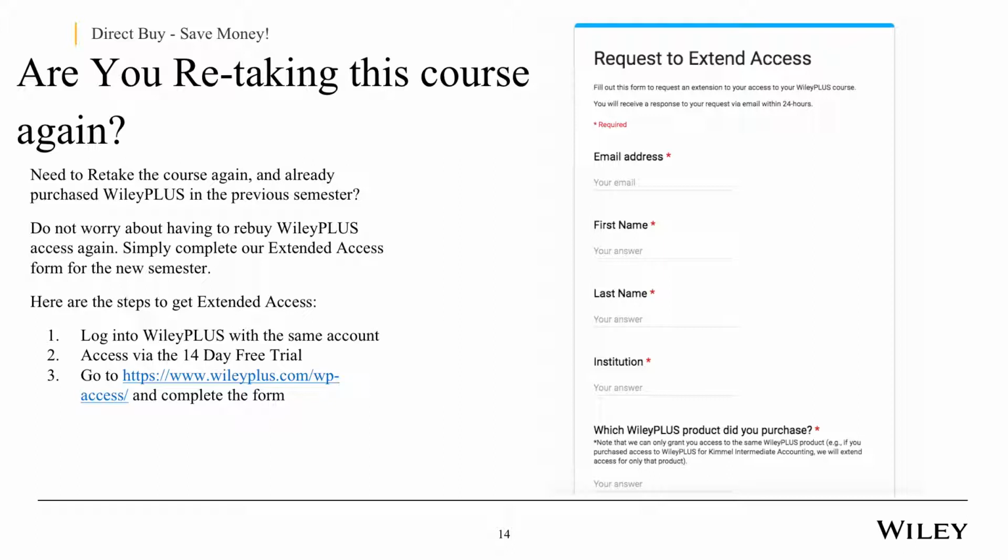All you have to do is complete the extended access form, and to get it, you just log in with the same account, you access the 14-day free trial into this. It's going to be a new course. It's not going to be the same one you used whenever you took it. And then you're going to go to this link here, wileyplus.com/WP-access, and complete this form.